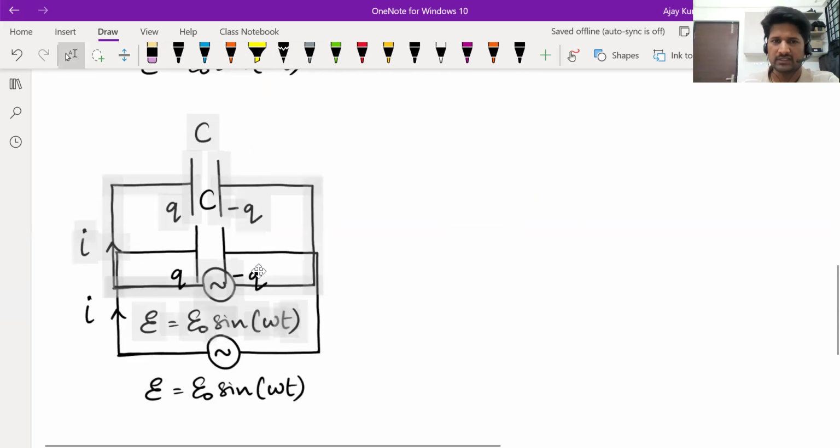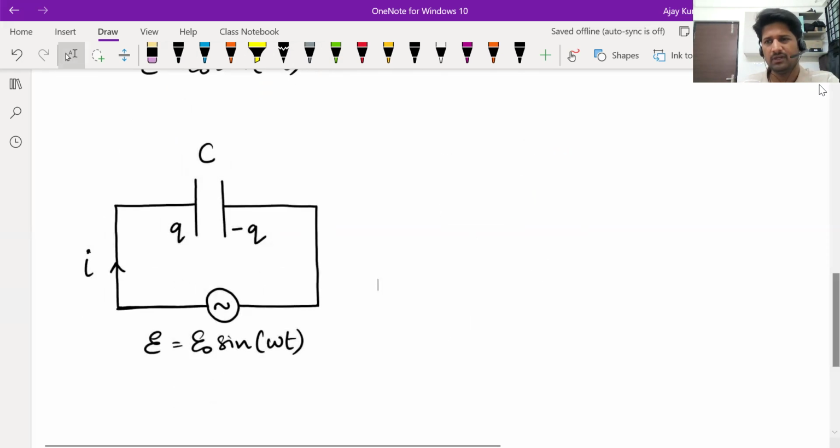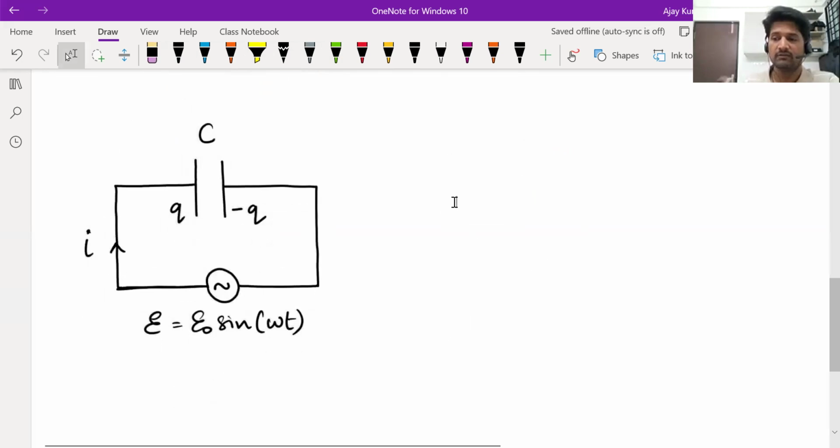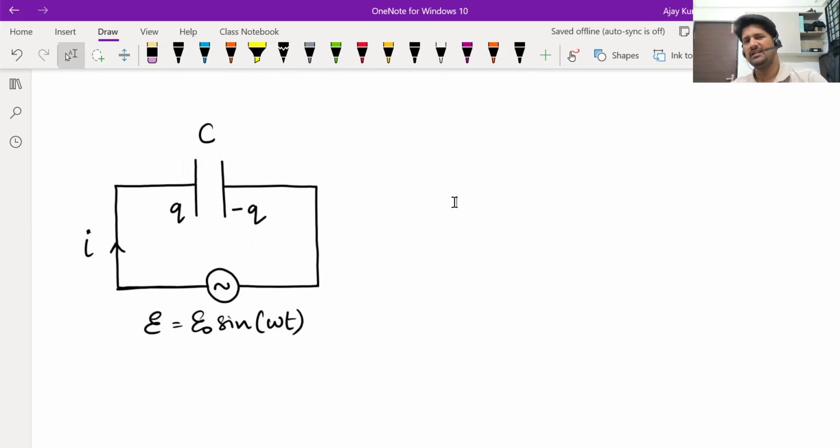Now, in case of resistance, we could use Ohm's law, V is equal to IR, and we directly got the current. But in case of a capacitor, we don't have an equation for current through a capacitor based on the voltage. So can one of you tell me an idea how we can derive current as a function of time here?